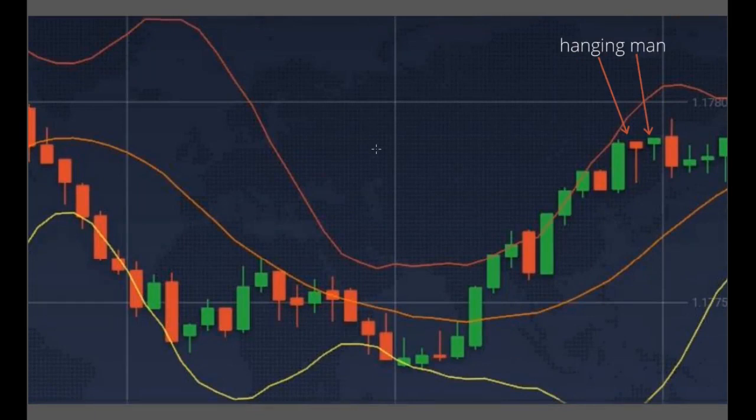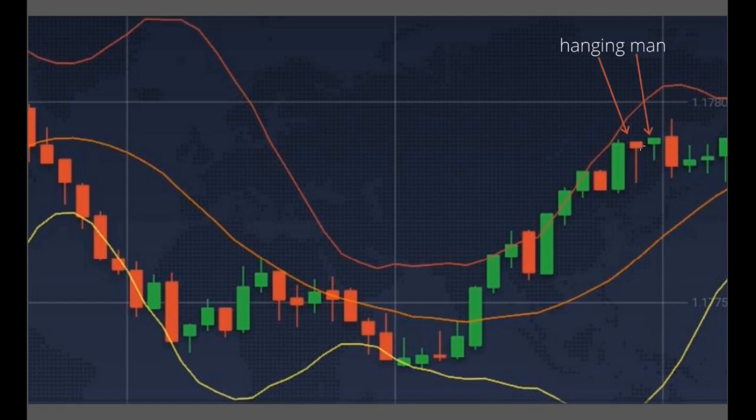So the next one we're going to talk about is the hanging man. The hanging man is an inverted shooting star. Whenever you see it, it's a shooting star that has been inverted vertically.